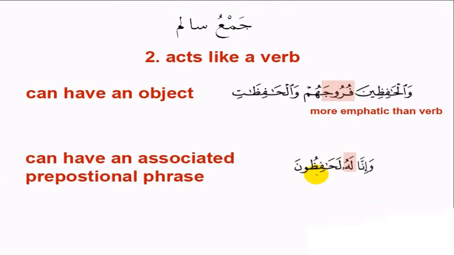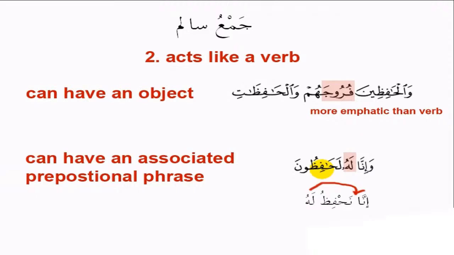One could have said, إِنَّا نَحْفَظُ لَهُ. What's happening? Lahu is being brought in front, and this is being changed into the ism fa'il. So that's two aspects of how the jam'u salim is similar to a verb. And that's why we say a jam'u salim is actually closer to a verb than the jam'u taksir.